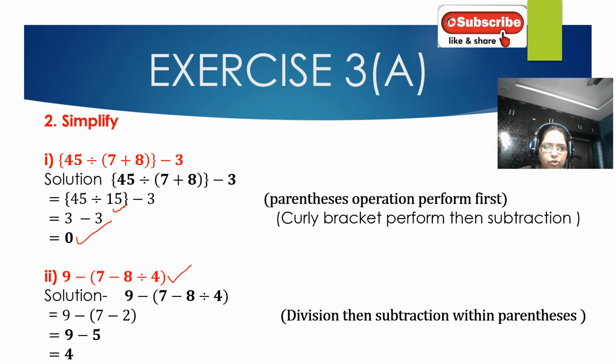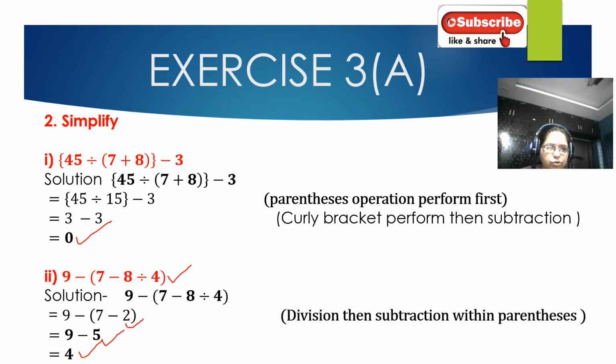So first the division operation is performed. 8 divided by 4 is 2. Then the subtraction operation is performed inside the bracket. 7 minus 2 is 5. Then subtraction is performed. 9 minus 5 is 4.